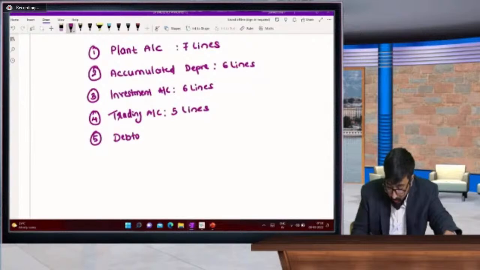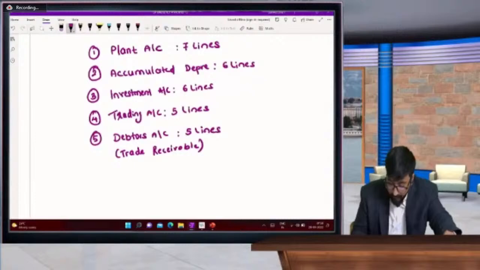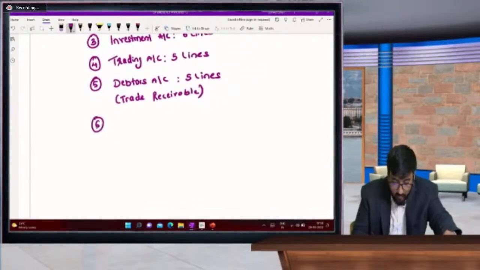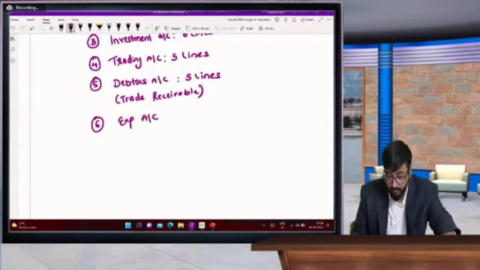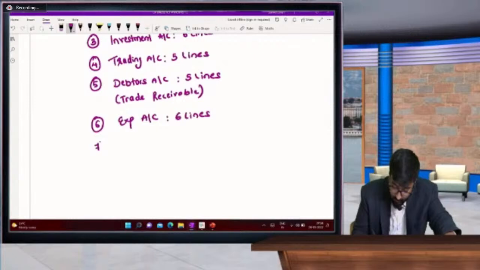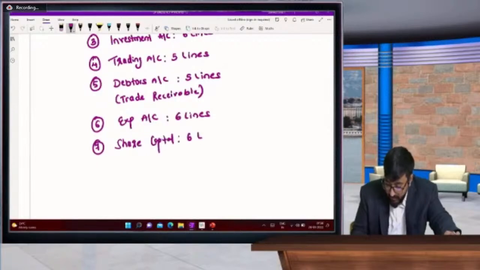Debtors account, that is trade receivable, 5 lines. Sixth account, prepaid expense, for that expense account, 6 lines. Share capital, 6 lines.